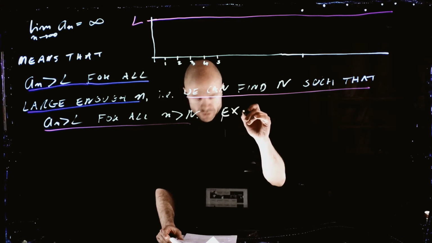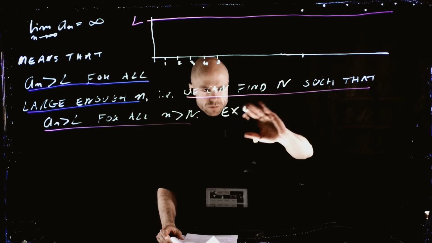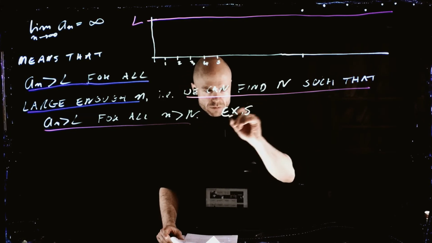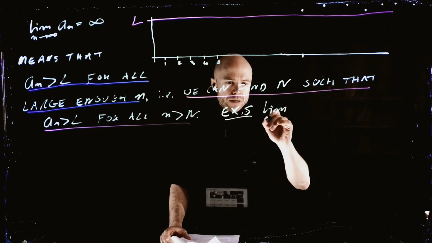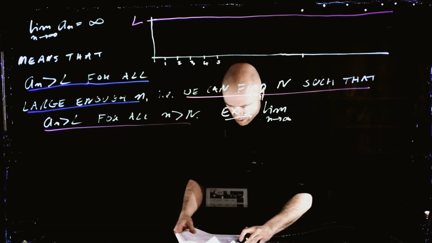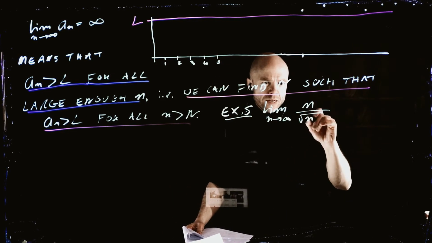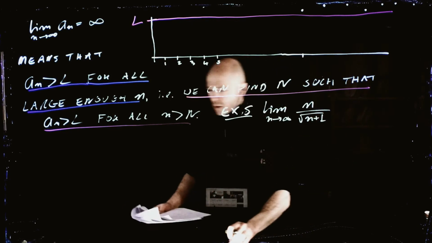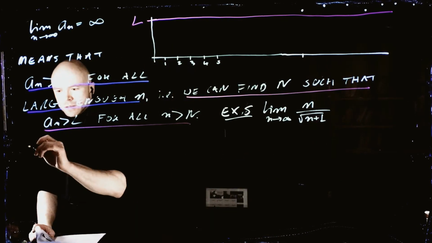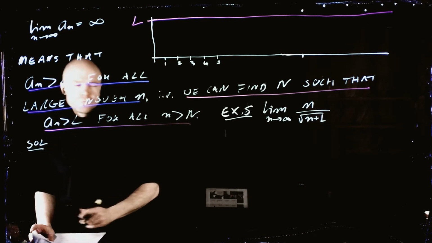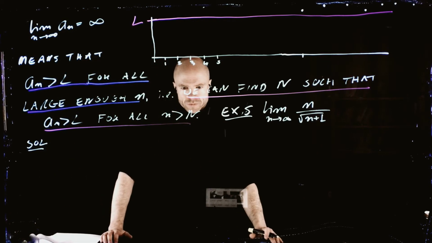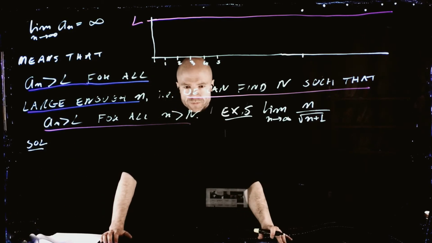Example 5. The limit as n goes to infinity of n over the square root of n plus 1. What is this? Try and visualize this.